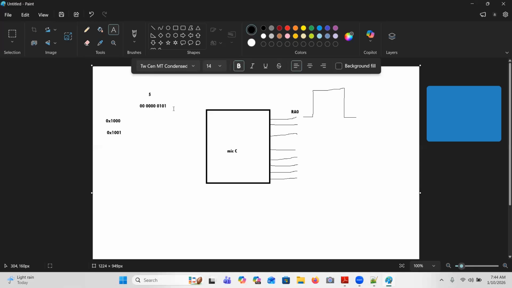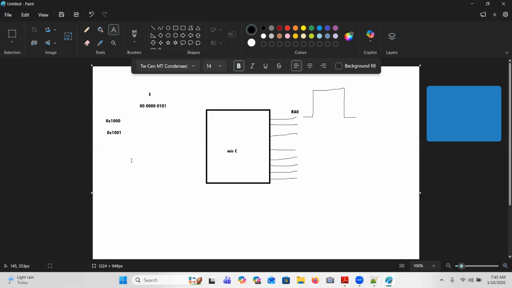Totally 10 bits. Agree? This is a 10-bit result. I represent 5 in 10 bits. Correct, no? Now we have to store this in some memory location, because only then we can handle it. Only then we can use that ADC value for comparison and other stuff.